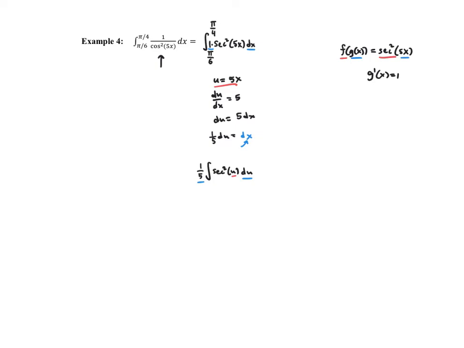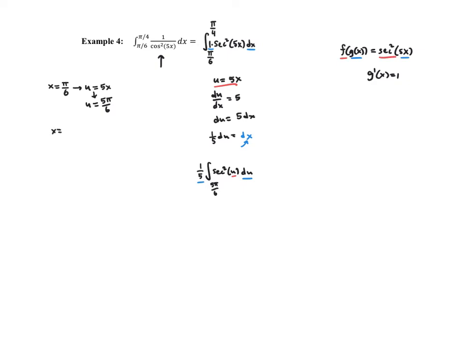We know that if x equals pi over 6 and u equals 5x, then u equals 5 pi over 6. So what I'm doing is I'm really building my limits for u. So this would be from 5 pi over 6.